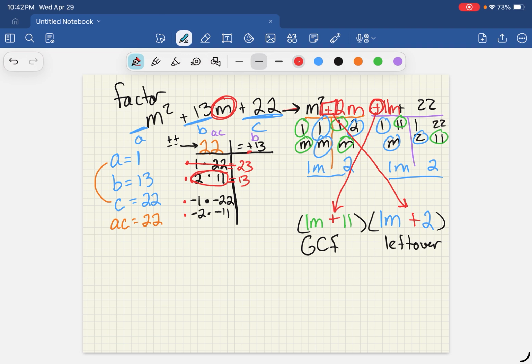So here is a quick way for how we could factor. This will work for anything, if A is a different number, if the signs change, all of that. I'm going to do one more example problem just so you can see what happens as signs and A change.